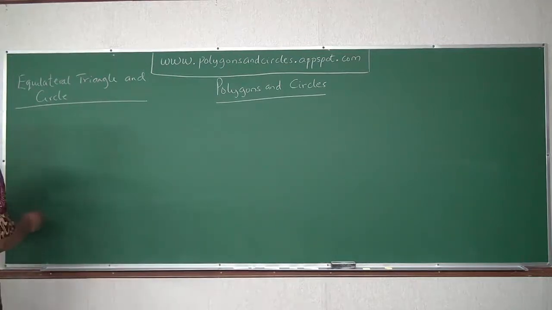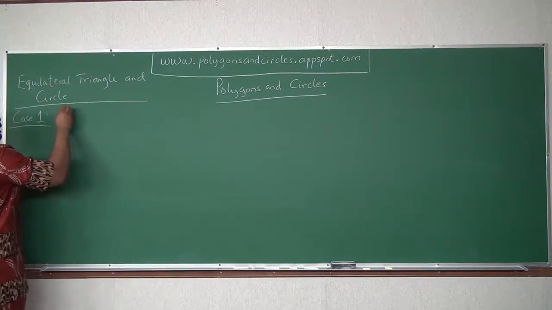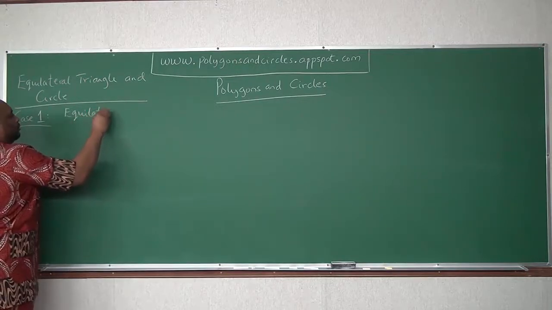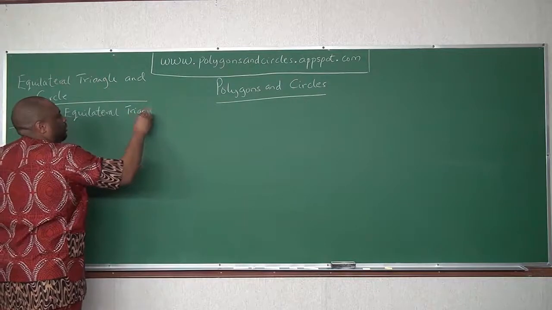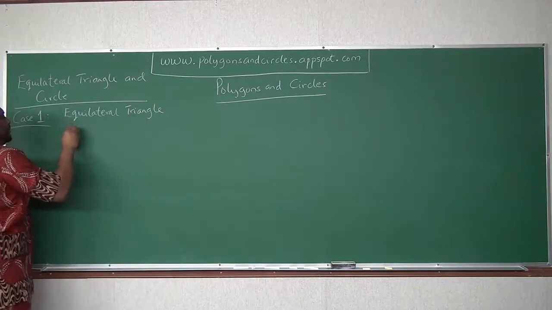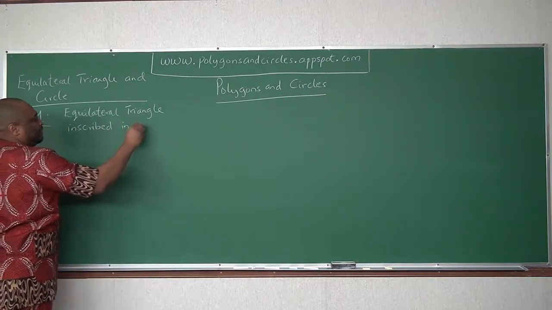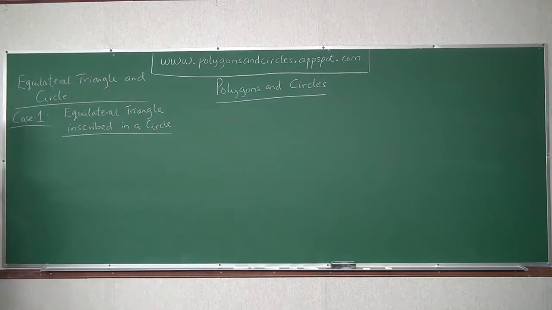So the first case, case 1: we talk about equilateral triangle inscribed in a circle.